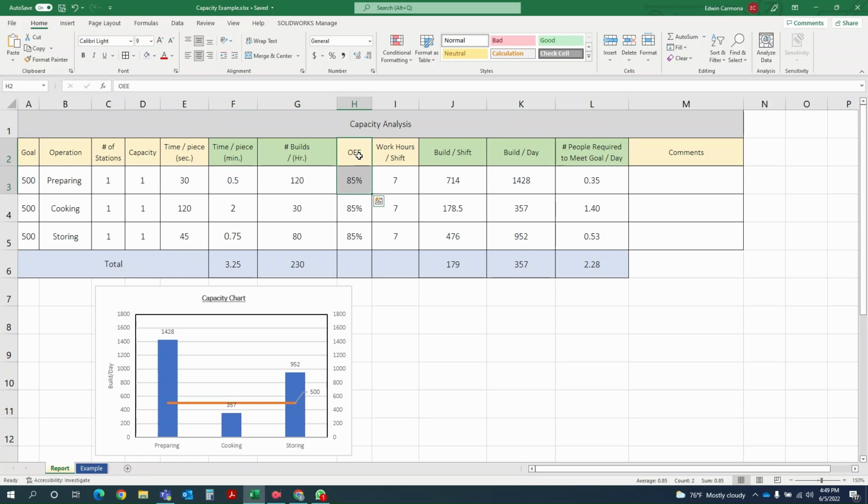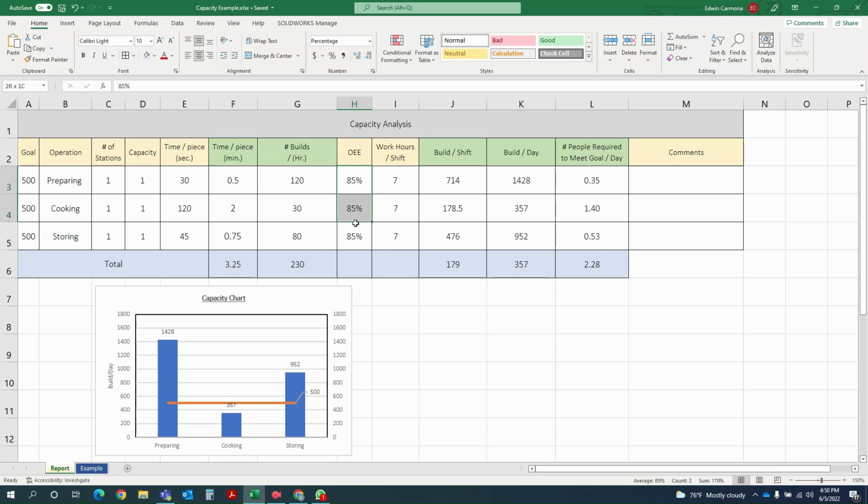When it comes to OEE, or especially when it comes to capacity analysis, you always have to consider OEE, overall equipment effectiveness. In many cases, you learn more about this when you're taking Six Sigma courses or Scrum courses, but nonetheless, this is something that's usually discussed within the team, specifically production management or other manufacturing engineers.